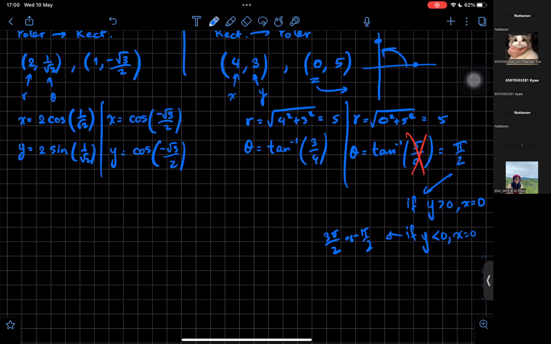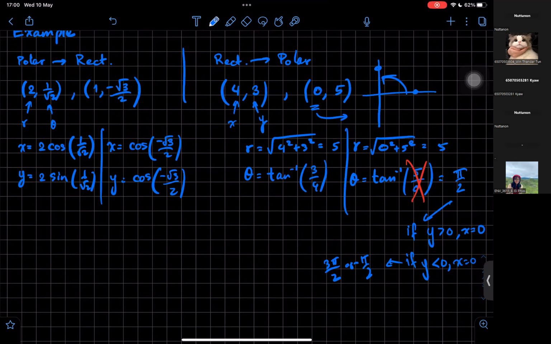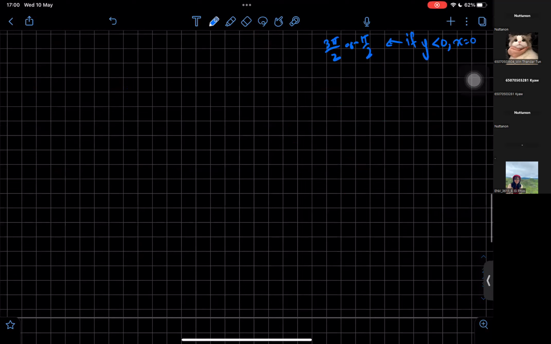So this is how you change from polar coordinates to rectangular coordinates and vice versa, in points. I give you a point and you need to give me another point in the other coordinate. Next is a similar way.